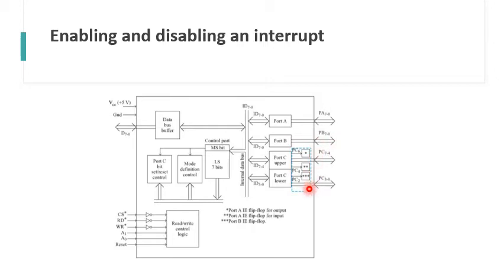Now it is a little tricky here. Let us understand the process in steps. Let us first consider port B. When port B is being programmed for mode 1, input or output, the PC2 is being reserved for one of the input handshaking signals.